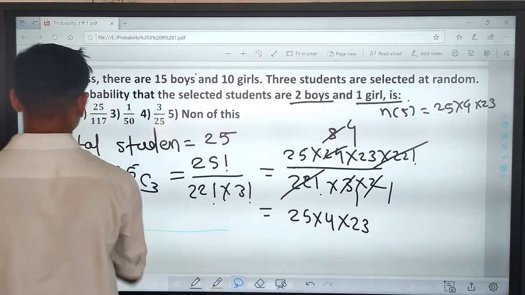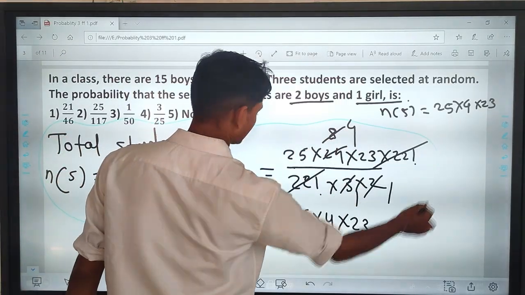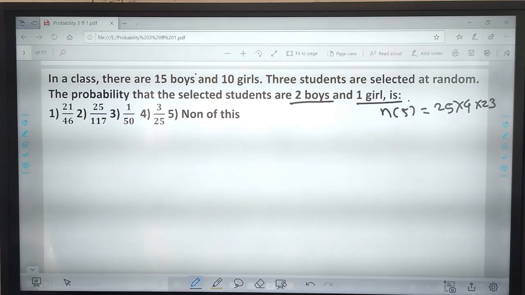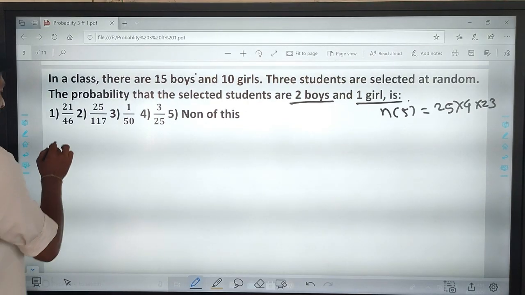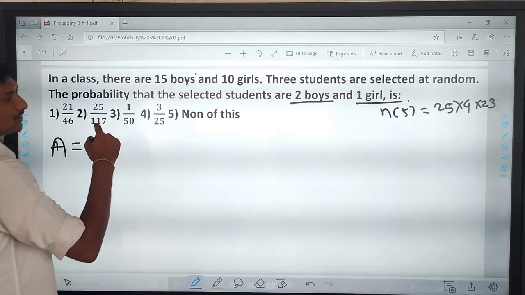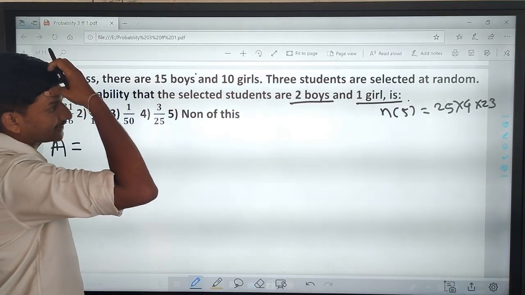Now here we find n of A. Find the probability. Then the event is 2 boys out of 3 selected: 2 are boys and 1 is a girl.